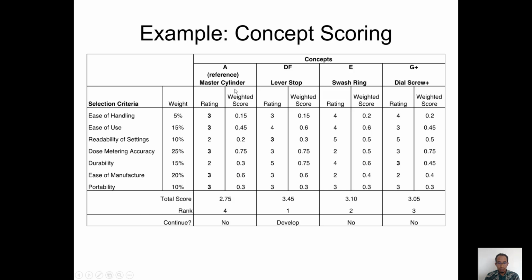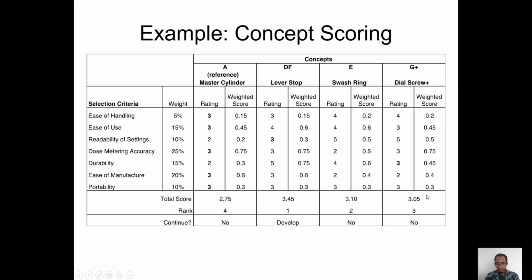Okay, so in here we will multiply rating and weight of every selection criteria for each concept, and after the multiplication we will add it up into the total score.